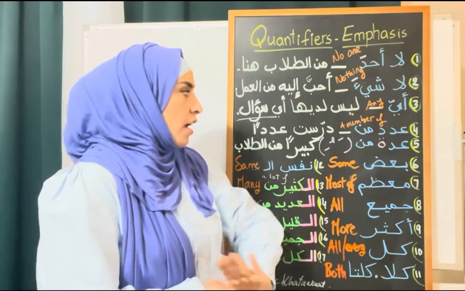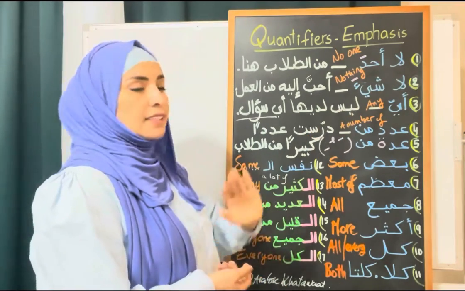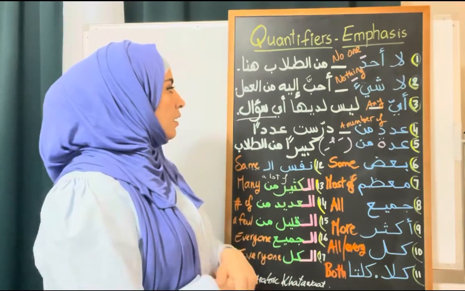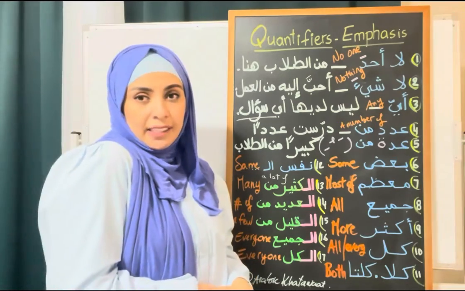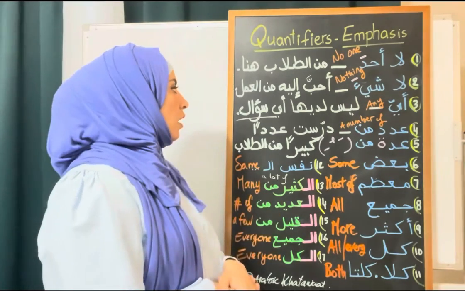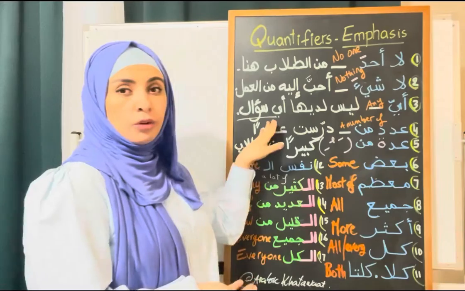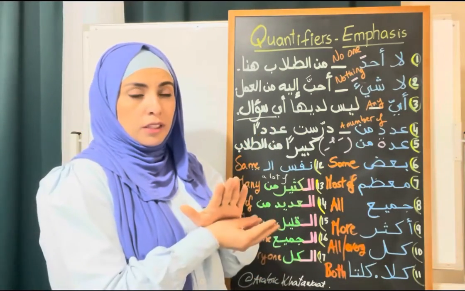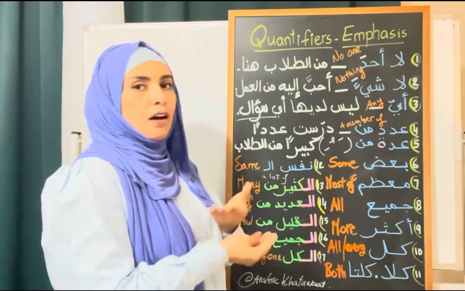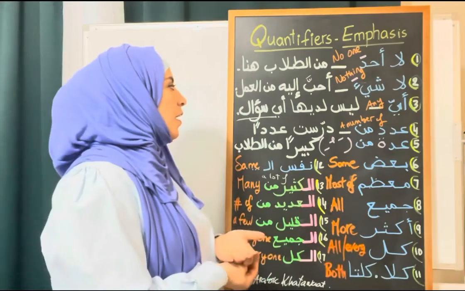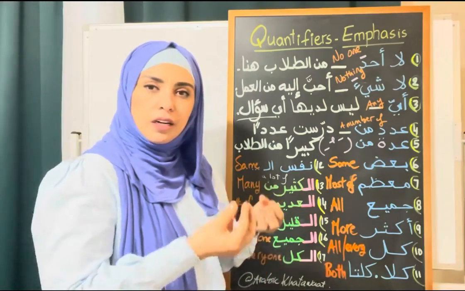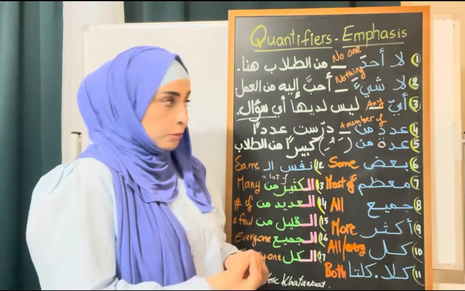She doesn't have any question. ليس لديها أي تعليق. She has no comments. So when you say أي, you refer to nothing. It also emphasizes nothingness, lack of an item, an object.